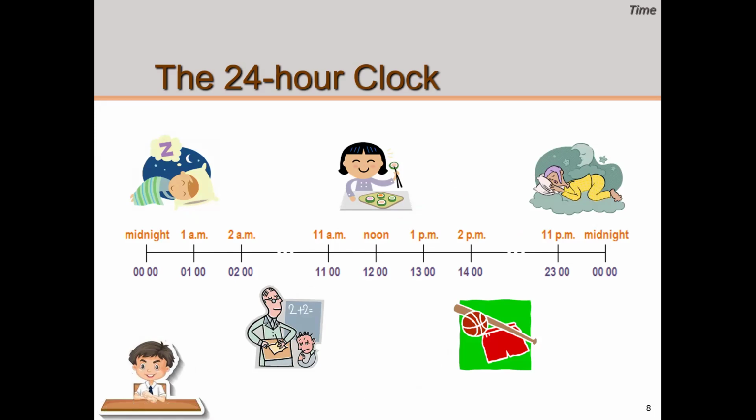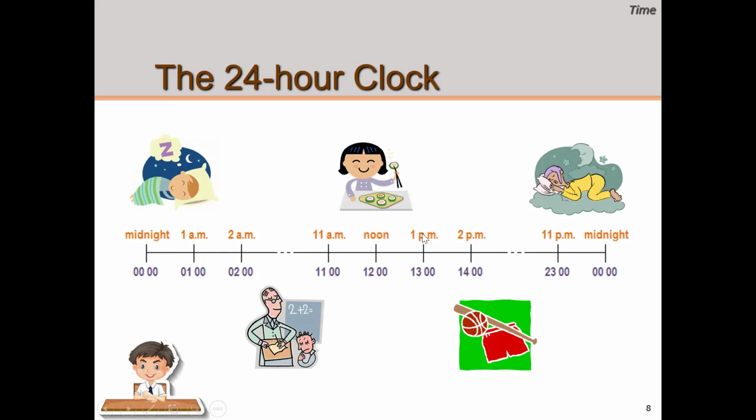So for the 24-hour clock, just look at the figure. It starts from midnight, then 1 a.m. 1 a.m. in the morning is 100 hours. 2 a.m. in the morning is 200 hours. 11 a.m. in the morning is 1100 hours. And 12 in the afternoon, that is noon, is 1200 hours in the 24-hour clock.